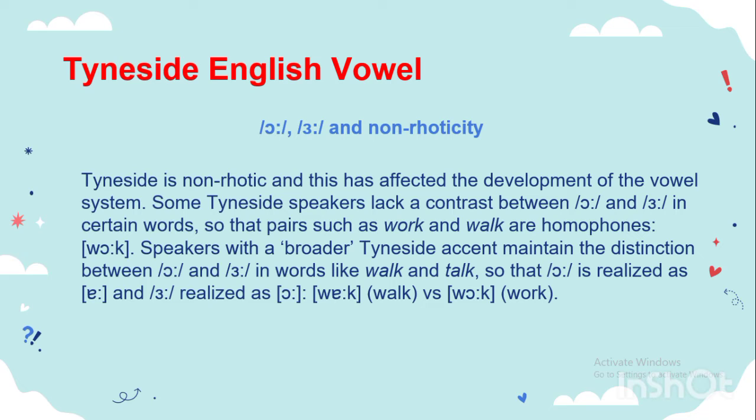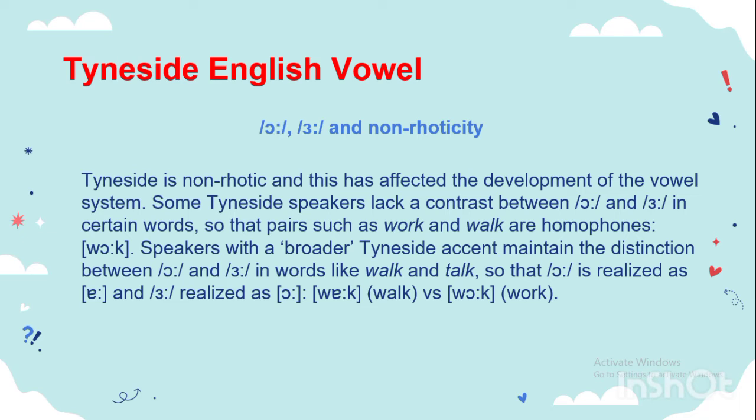And non-rhoticity. Tyneside is non-rhotic, and this has, of course, affected the development of the vowel system. Some Tyneside speakers lack a contrast between two vowels in certain words, so that pairs such as work and walk are homophones.